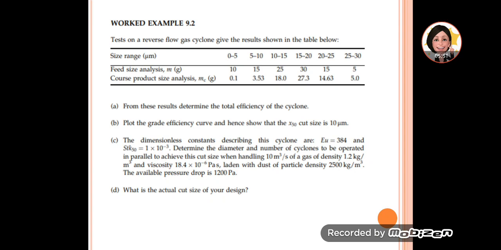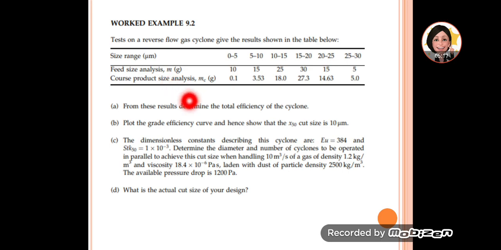Then we have worked example 2. This one is a range of feed analysis, so the sizes have been given. The feed analysis means the mass obtained for each grade, as well as the total mass for each grade, and the coarse product size.